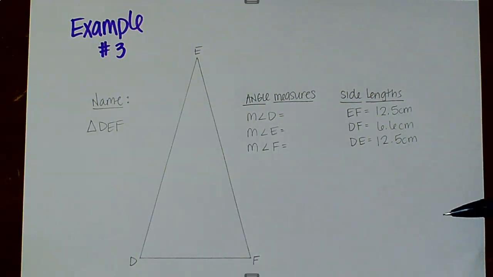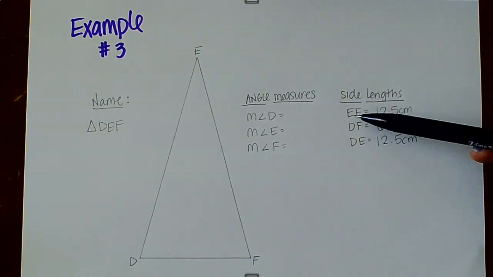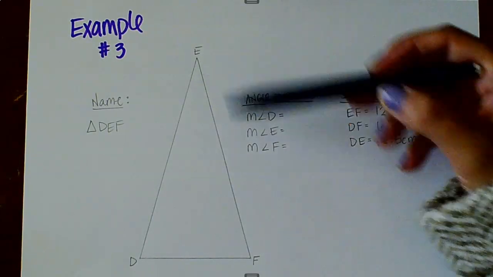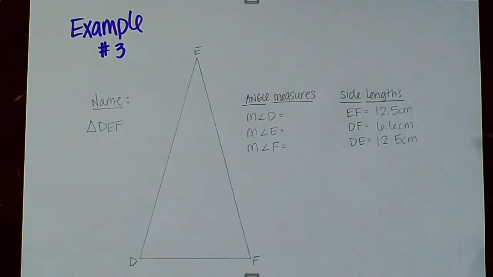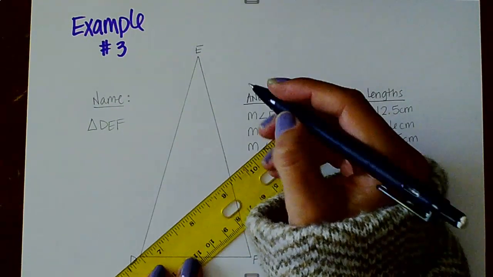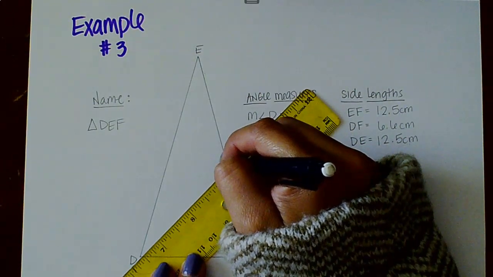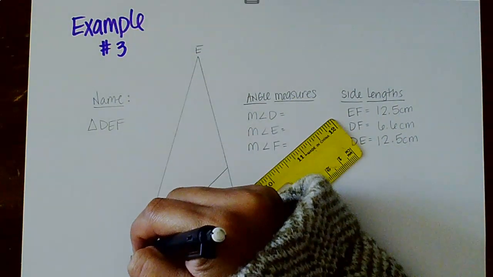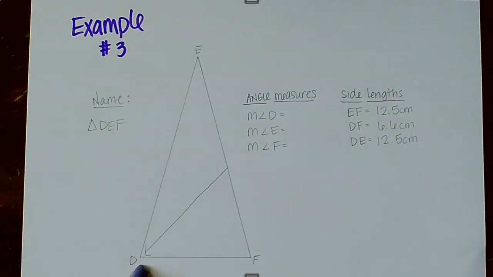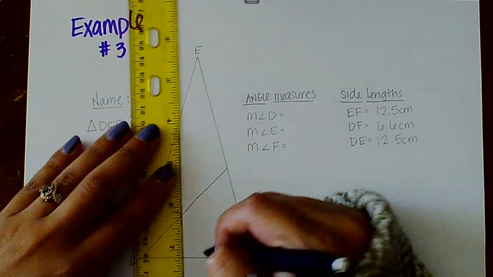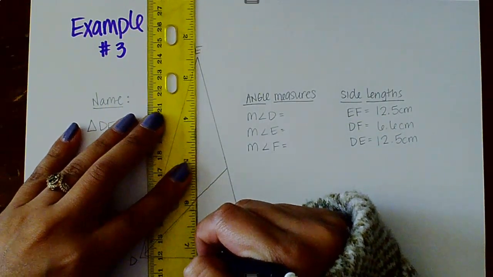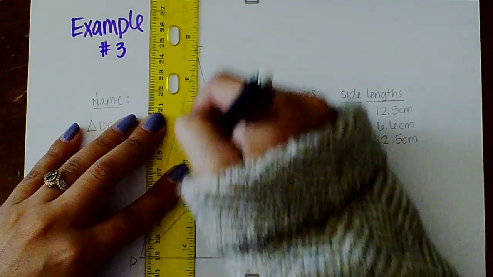are the same? Okay, so let's go ahead and draw our arrows across from these sides. So if we're looking at side EF, the angle opposite is angle D. All right, so we're going to just draw this little arrow here. Okay, the angle opposite DF is angle E. I'm just going to draw this line.